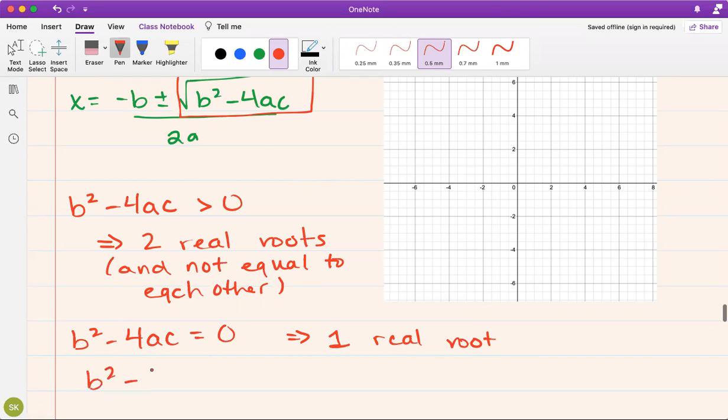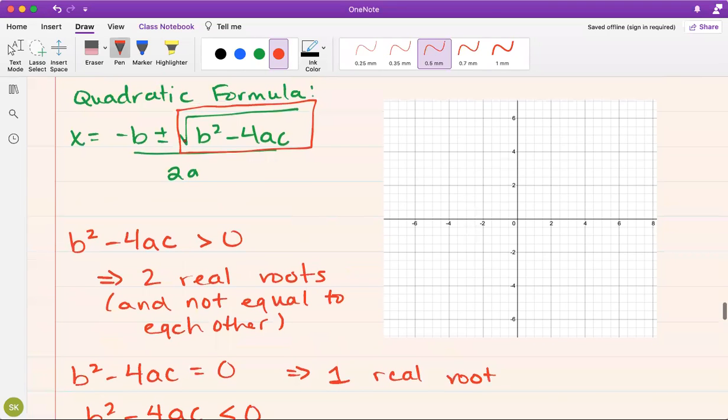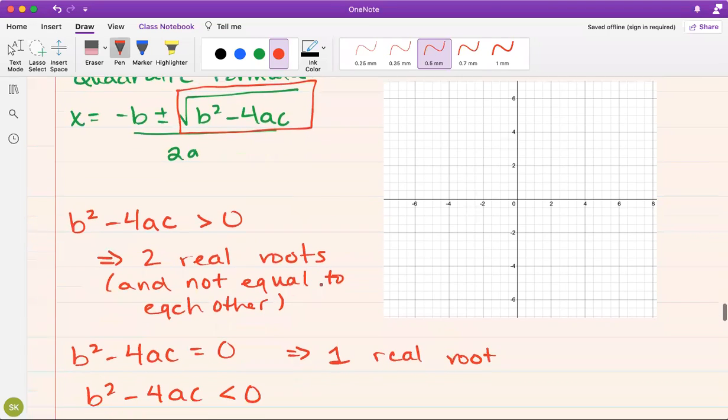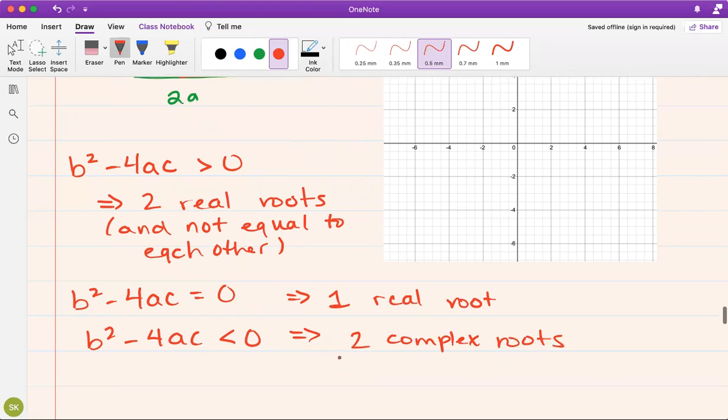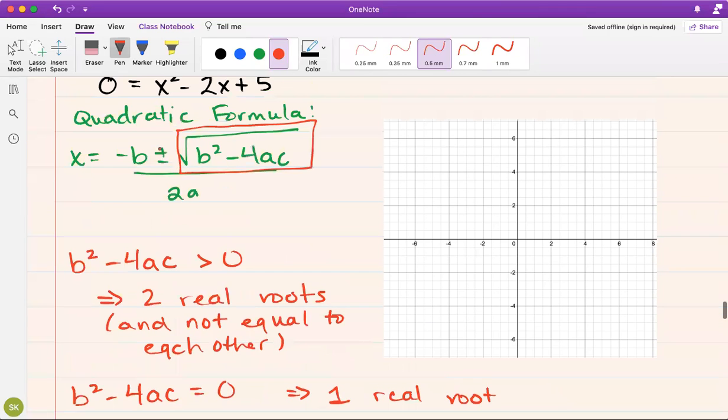When you run into trouble, when you get complex roots, is when this square root, what's underneath, is less than 0. You're going to have two complex roots, and they're not going to be equal. And that's because of this plus and minus.